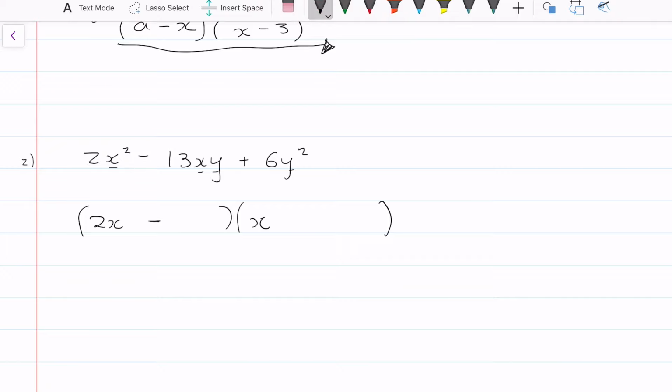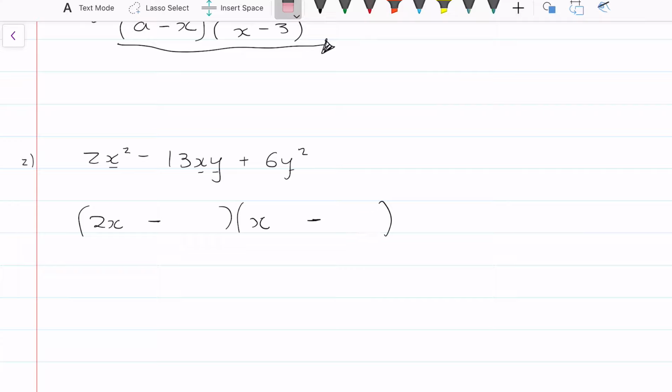So we can put in the minus signs. Now the question is, do we have a 6y and a y, or do we have a y and a 6y, or do we have a 3y and a 2y? These are the questions we need to ask.